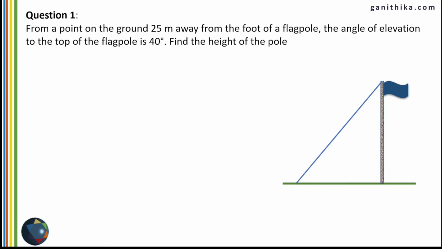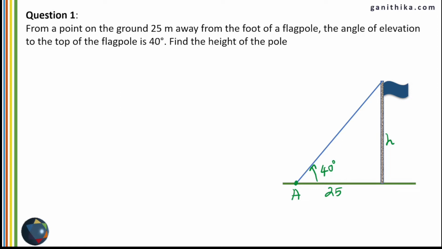Therefore, you have a 90-degree triangle here. And at the point A, the angle of elevation to the top of the flagpole is 40 degrees. So the 40 degrees comes at this place where you have A. And the distance 25 meters is on the ground from A to the foot of the flagpole, and H is the height of the flagpole which is to be found.